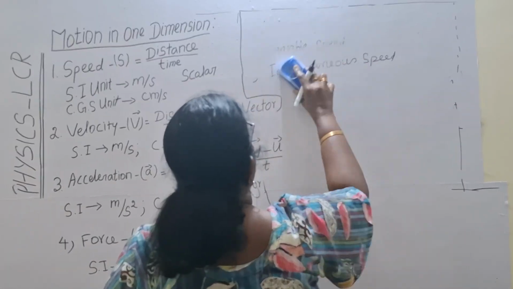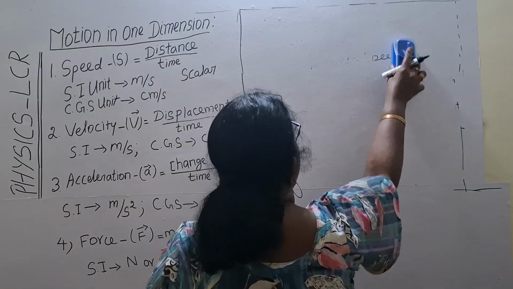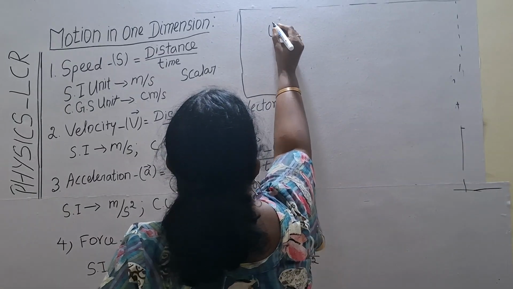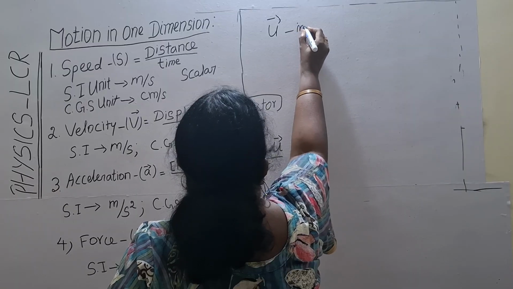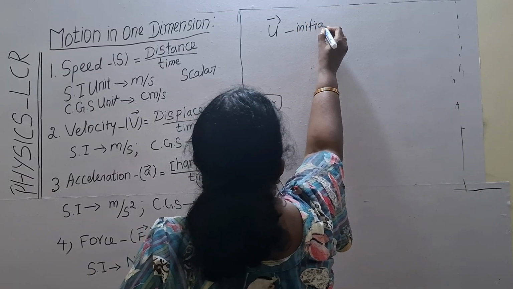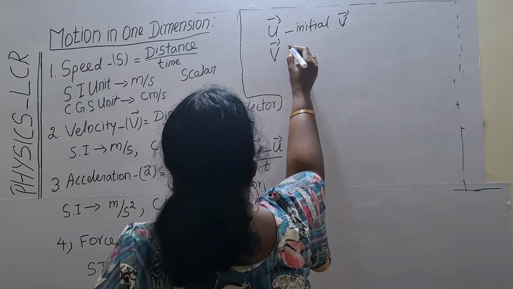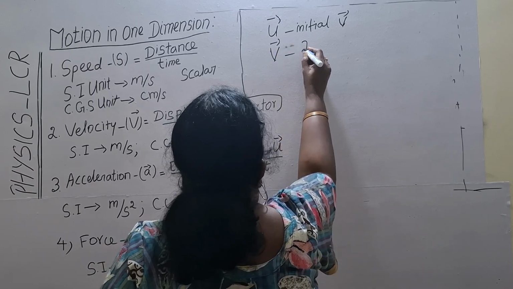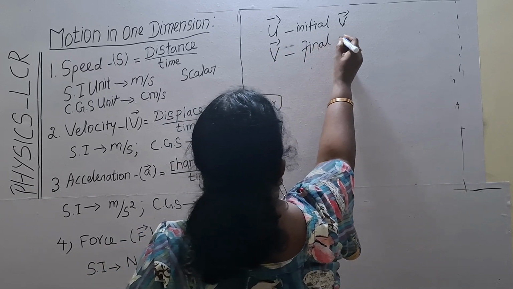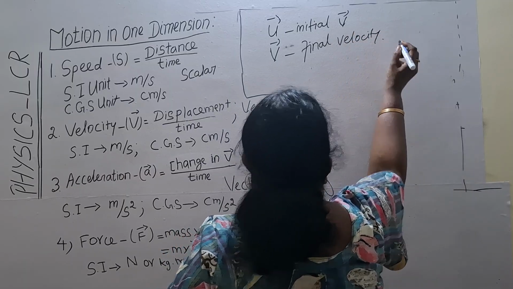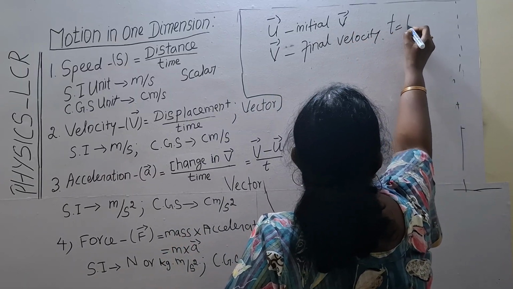Here three things are there. u is the initial velocity, v is the final velocity, t is the time.